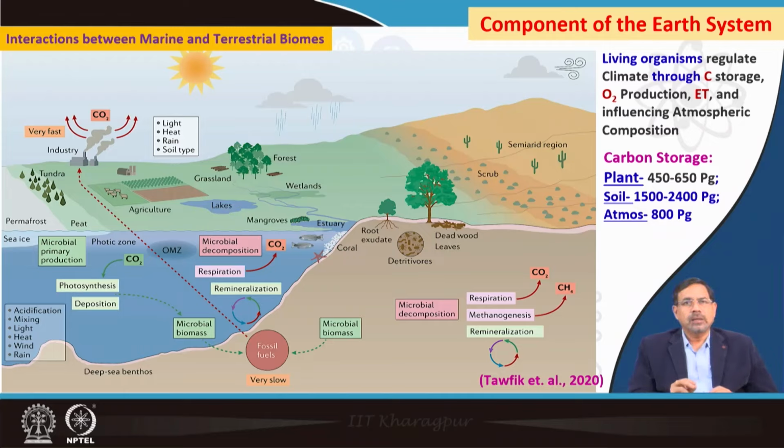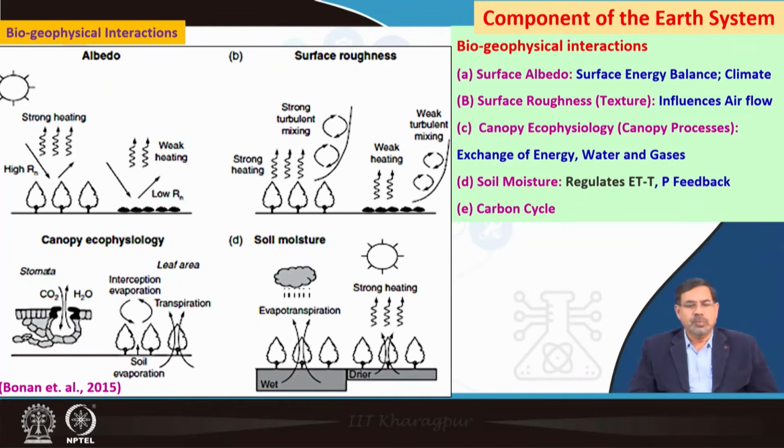So the various activities, the various interactions, the various arrows and structural components and linkage activities are defining the various interactions between the ocean and the terrestrial biomes.